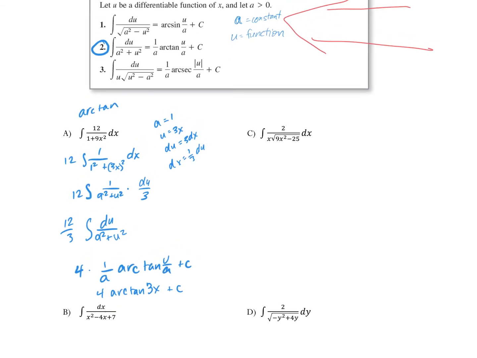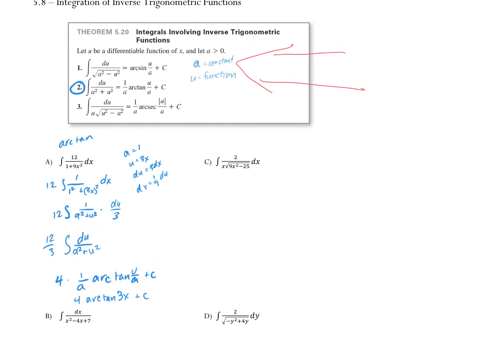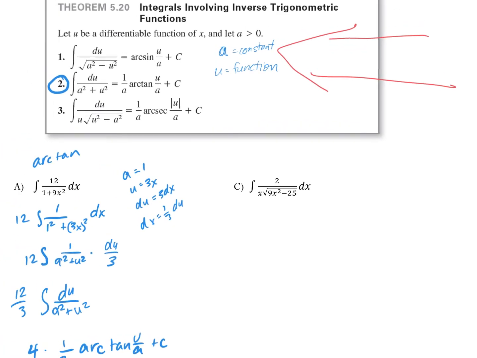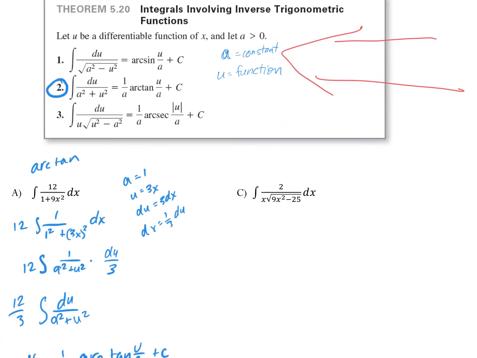Now, we're going to do C next. All right. First of all, which one does this kind of look like? The third one, right? Okay, so this is going to be some version of arcsecant, okay?